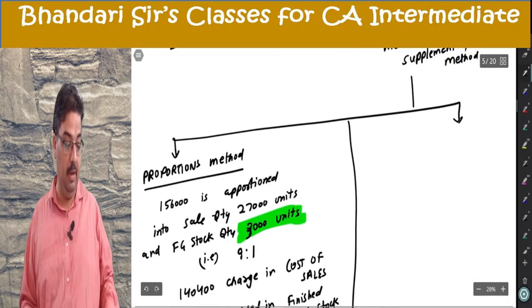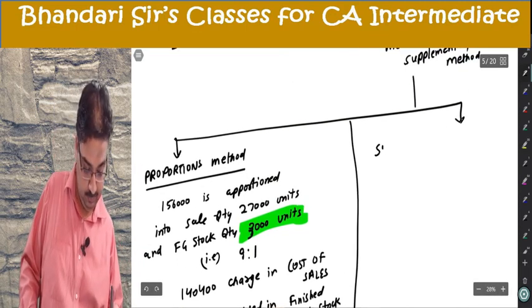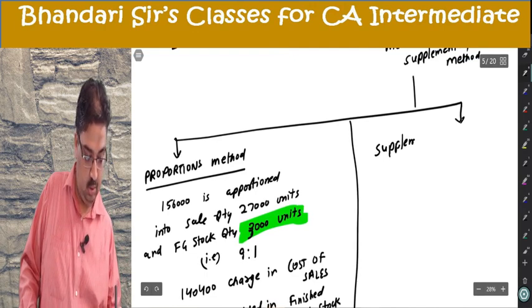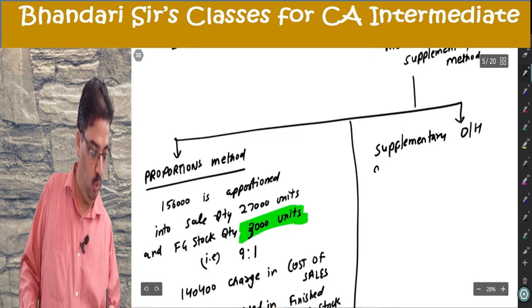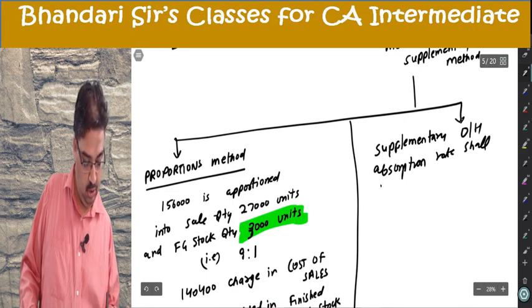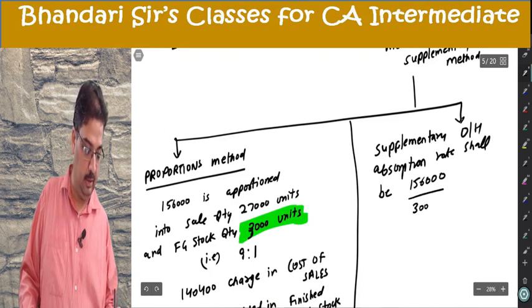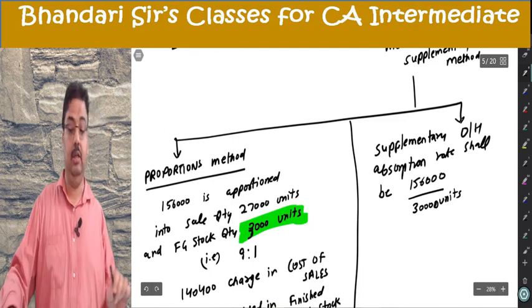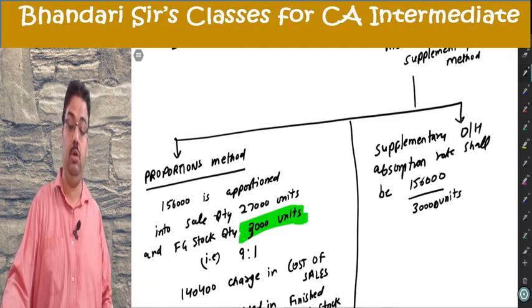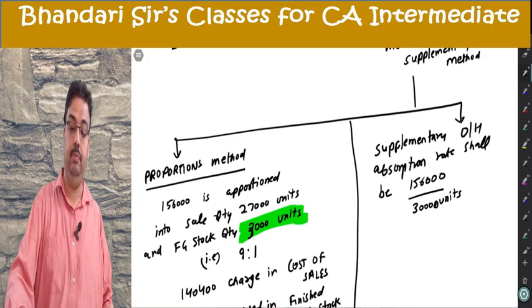In supplementary rate also you will get similar things. Supplementary overhead absorption rate shall be 1,56,000 divided by production 30,000 units. Here it is 30,000 because you need production and not stock. You need stock later on.